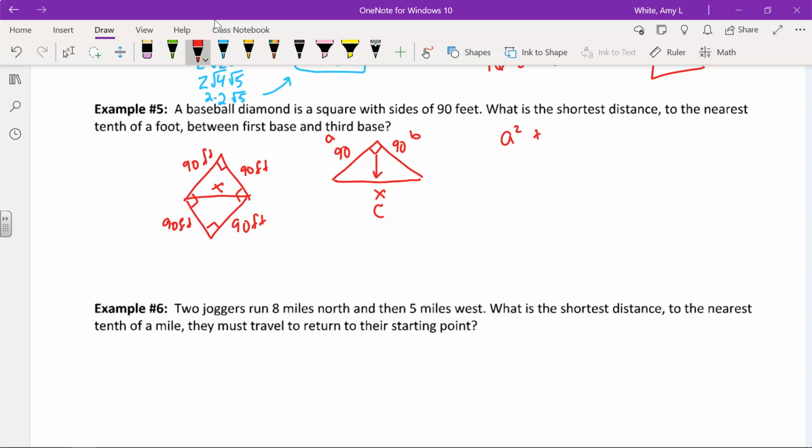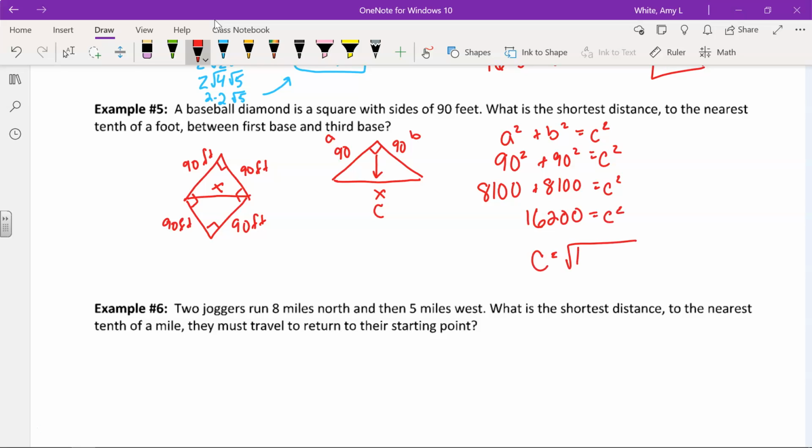So when I'm setting up my Pythagorean theorem, I'm going to get 90 squared plus 90 squared equals c squared. This is 8,100 plus 8,100, which is 16,200 equals c squared. So c is the square root of 16,200.